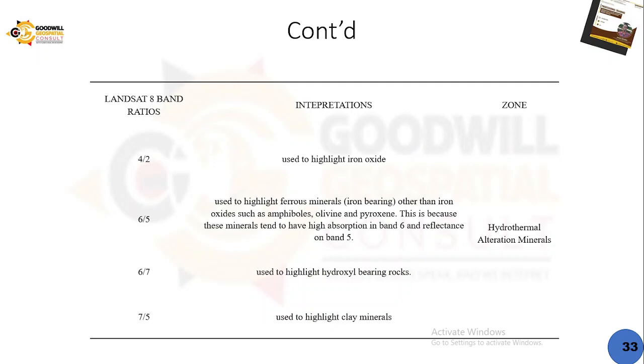This results from the high absorption in band 6 and reflectance in band 5. Band 6 over band 7 is used to identify hydroxyl bearing rocks, and band 7 over band 5 is to identify clay minerals in the Landsat 8 series specifically.